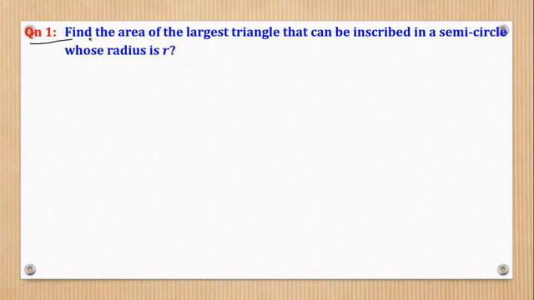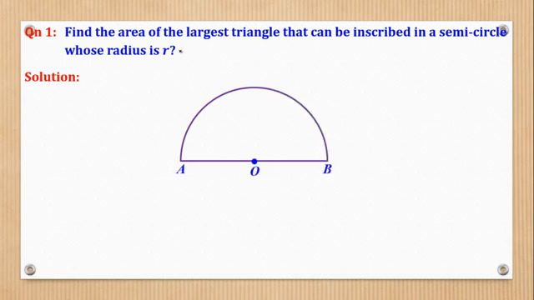So question 1 says, find the area of the largest triangle that can be inscribed in a semicircle whose radius is r. So the first thing to do is to sketch a semicircle, and also, the largest area must have a base of the diameter of the semicircle, and the height, so here the height will be the radius, the maximum height will be the radius.